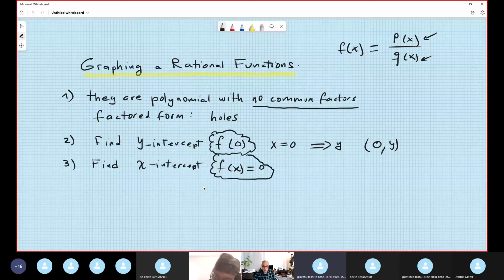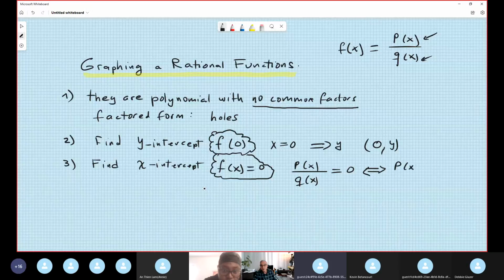But in this particular example of a rational function, I know it is the division of two polynomials, and for it to be 0 is equivalent to saying that the top part is 0. I don't care about the bottom part, it's totally irrelevant. So you take the top part equal to 0 and solve this equation.